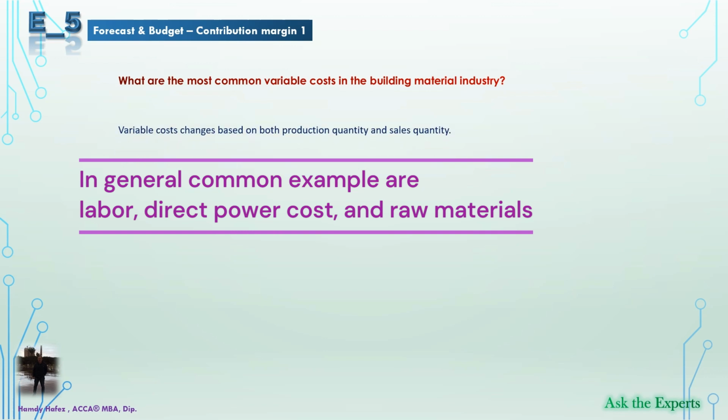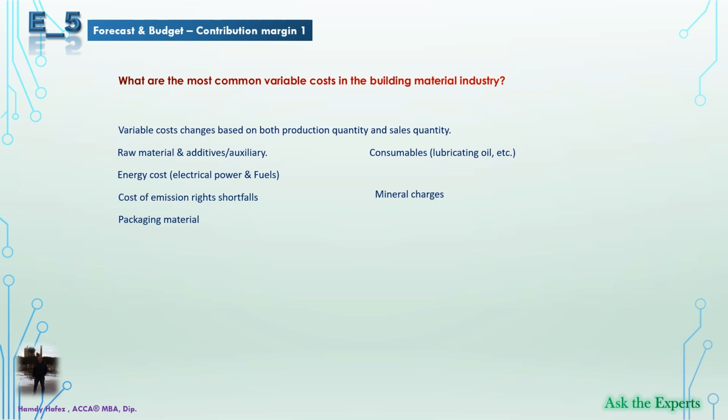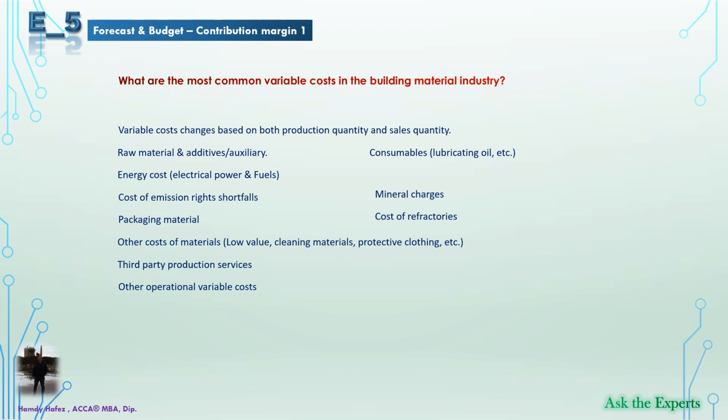And in the building material industry, they could be the following: raw material and additives or auxiliary, consumables, electrical power and fuels, cost of emission rights shortfalls, mineral charges, packaging material, other costs of materials, third-party production services, other variable cost, change in stock.